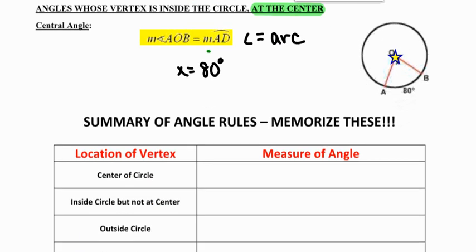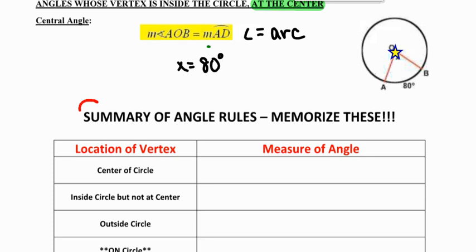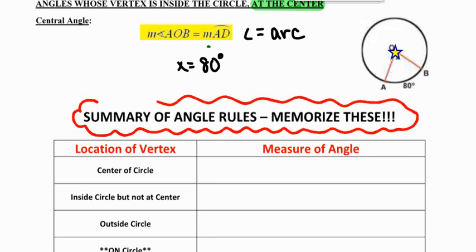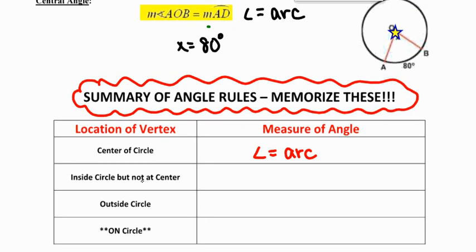So in summary, this is a really nice chart down at the bottom here. When our vertex is at the center of the circle, the degree measure of the angle is going to equal the degree measure of the arc. When we're inside the circle but not at its center, that's when we have to average those two arcs, so the degree measure of the angle is half the sum of its intercepted arcs.